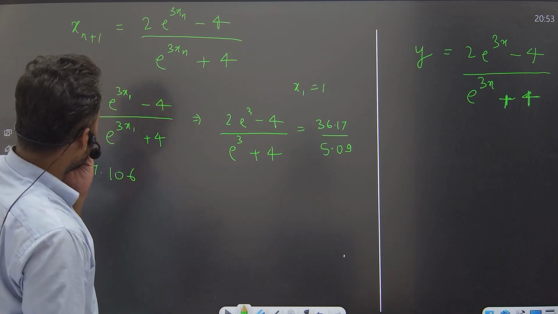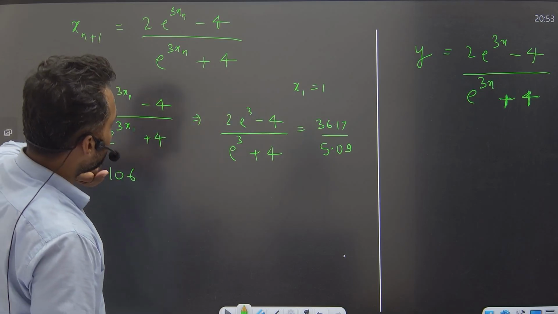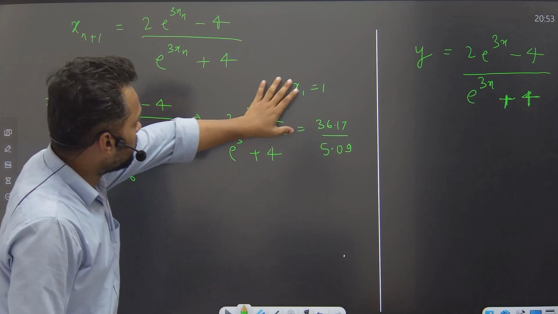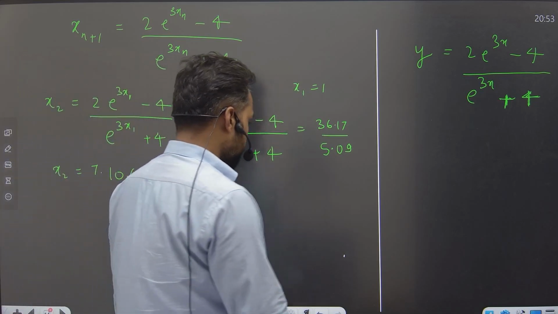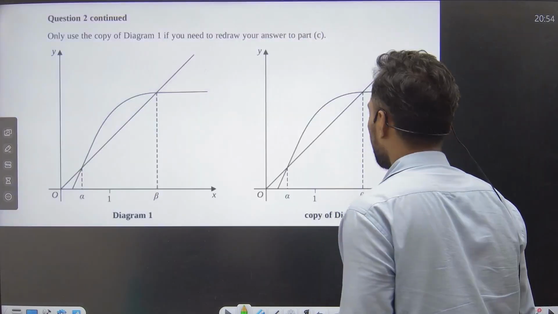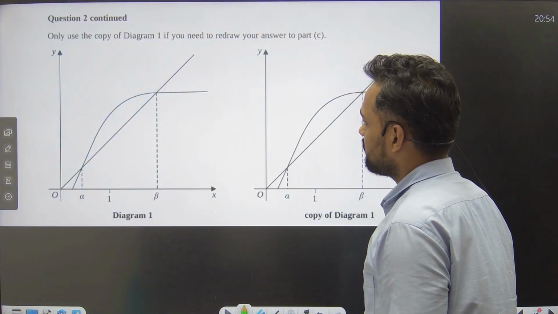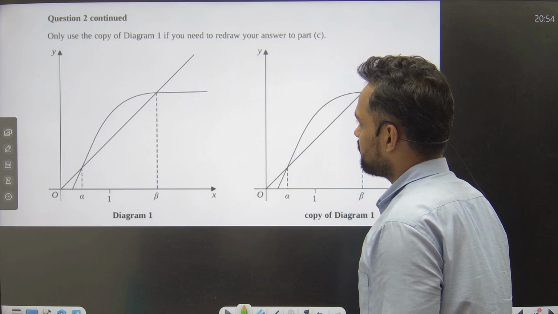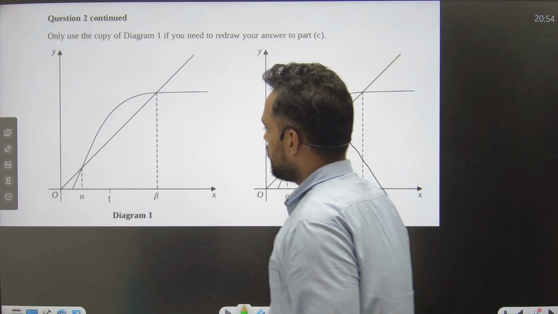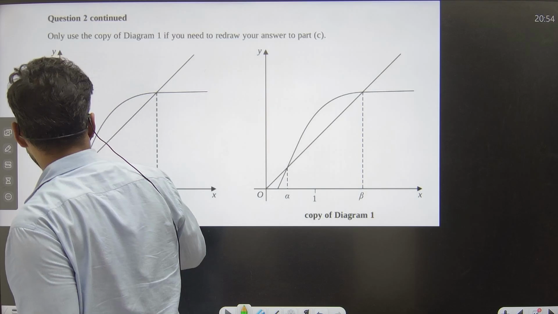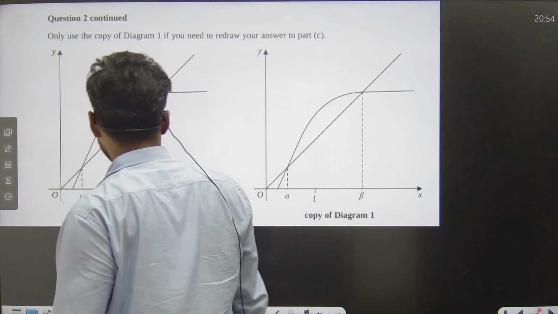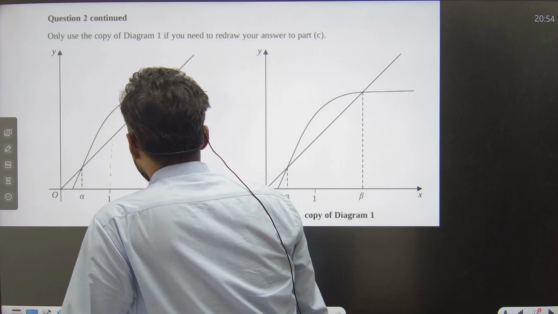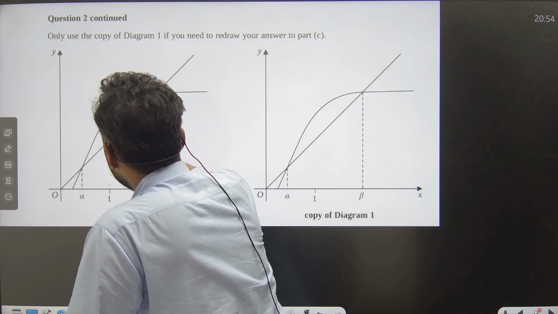So for x1, if we are plugging the value of x1 as 1, we are getting x2 as 7.106. So for this iteration, we are getting the value as 7.106.